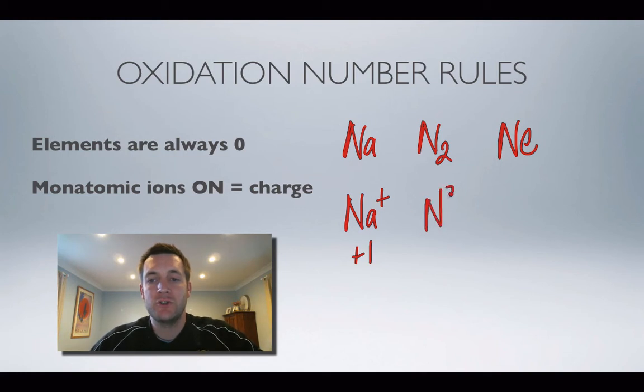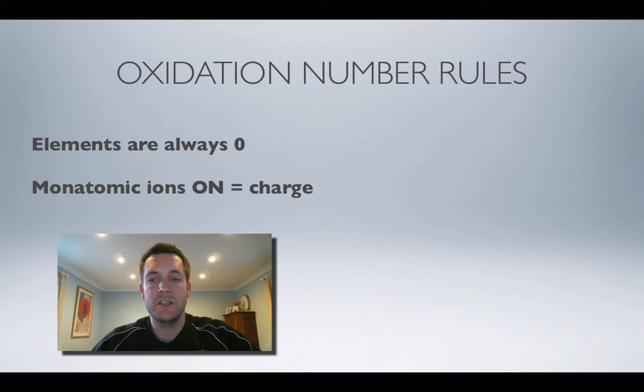Nitrogen, which forms a nitride ion, a monatomic ion made of nitrogen, has a 3- charge, so its oxidation number is -3. So for a monatomic ion, that is an ion that's made of only one atom, the charge is the same as the oxidation number. That is to say, it equals the oxidation number. And for elements, oxidation numbers are 0.